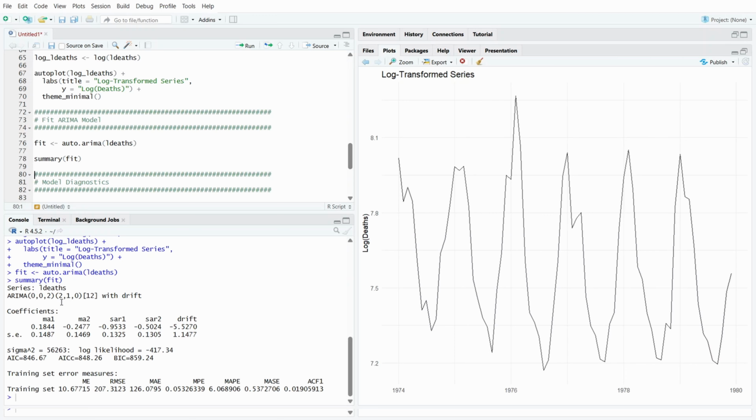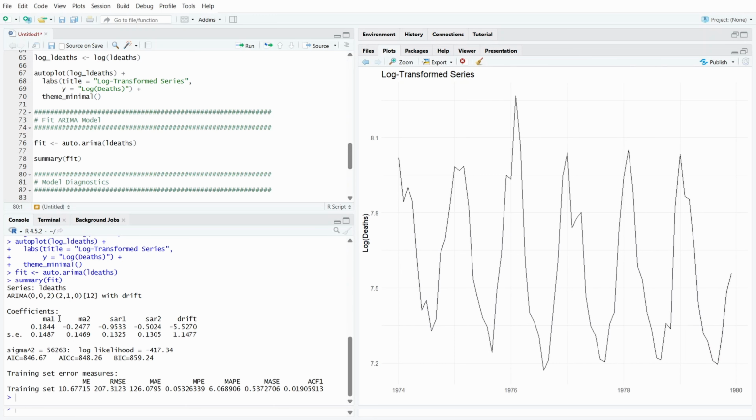It includes seasonal components, the (2,1,0)[12], meaning it explicitly models the yearly cycle we observed earlier. The 12 confirms we're working with monthly data and yearly seasonality. The drift term represents a gradual long-term change over time. This model is acknowledging two key realities. Lung disease deaths follow a strong seasonal cycle, and there may also be a slow underlying shift over time.